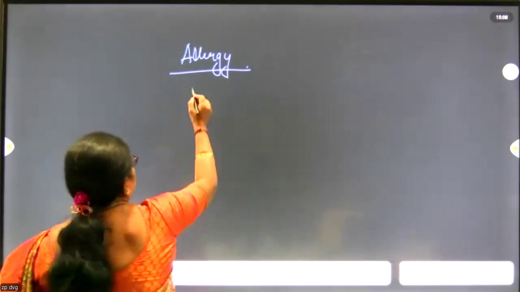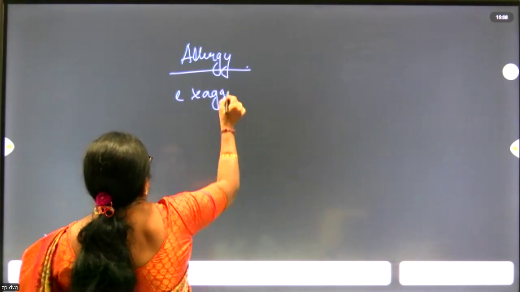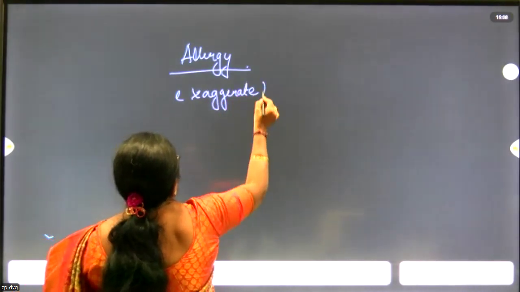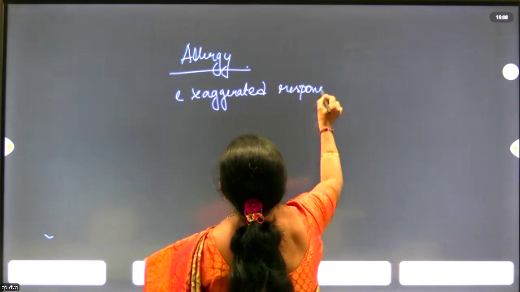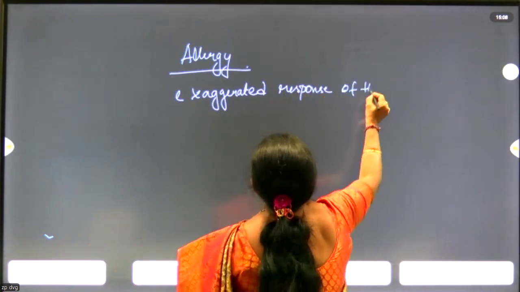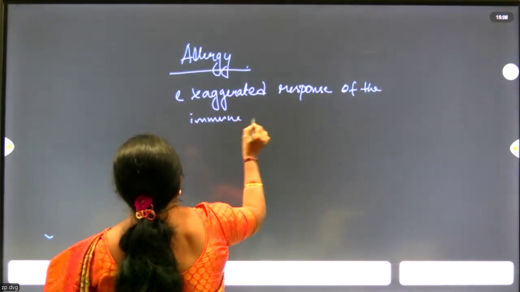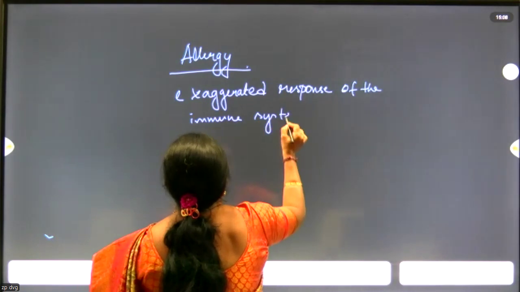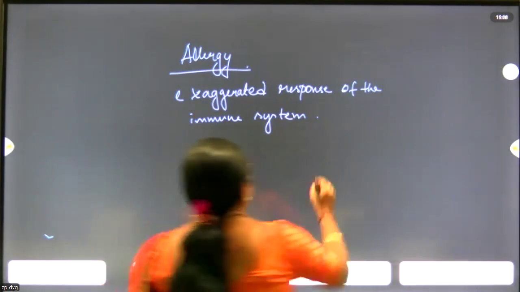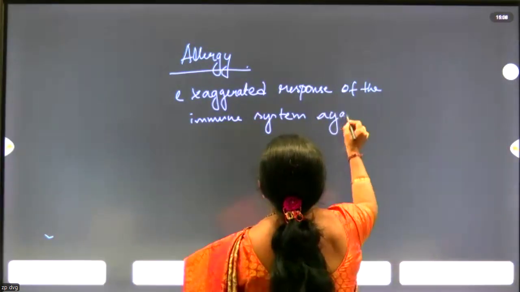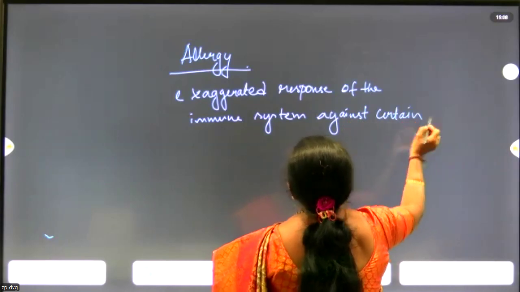It is the exaggerated response of the immune system against certain antigens in the environment.